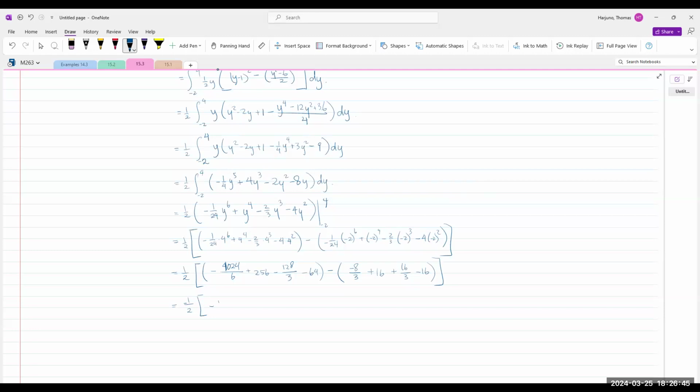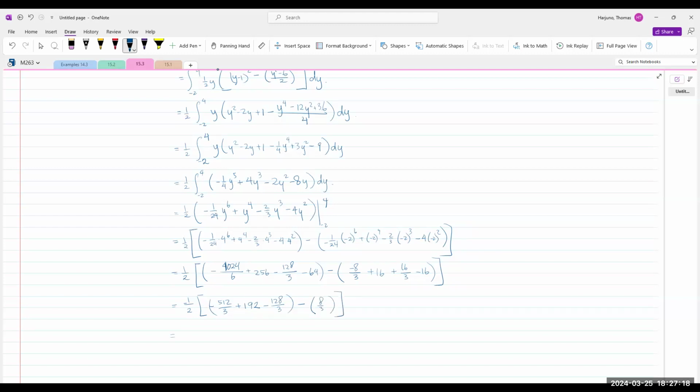This is negative 512 over 3. Subtract that, that will be 2 plus 192. Is it right? Okay, minus 128 over 3. And then the last part here, 16 cancels, so I get plus 8 over 3.